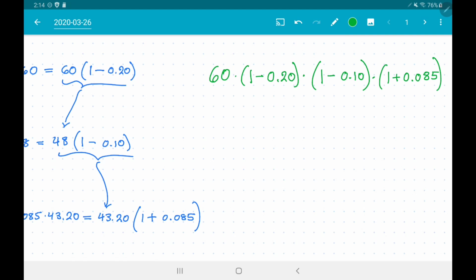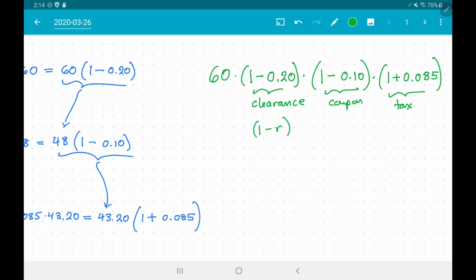So here we go: clearance, coupon, and tax. And in each case, what you're doing is multiplying by either 1 minus a discount rate, or over here 1 plus a tax rate.